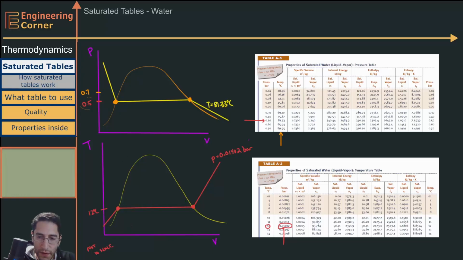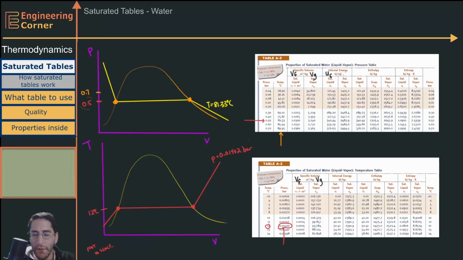Now, the next couple of columns that we have, I'm going to write them so that it's easier to see. We have a saturated liquid, VF, and a saturated vapor, Vg, for specific volume. We have a saturated liquid UF and a saturated vapor UG for internal energy.